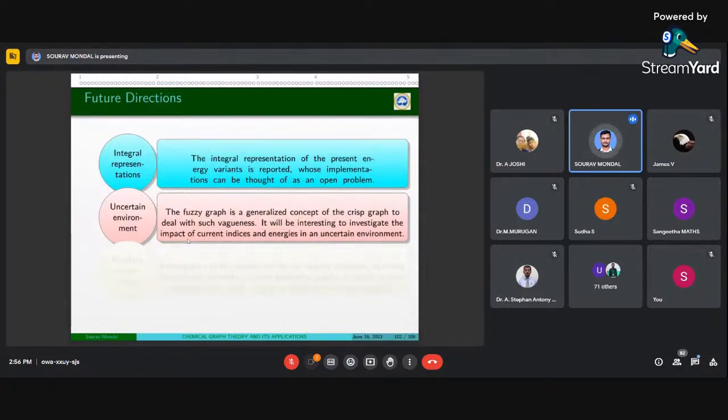All such works have focused on crisp graphs, which are deterministic and precise in nature. However, many real-world situations involving uncertainty are very hard to model using the crisp concept. The fuzzy graph is a generalized concept of the crisp graph to deal with such uncertainty, such vagueness.